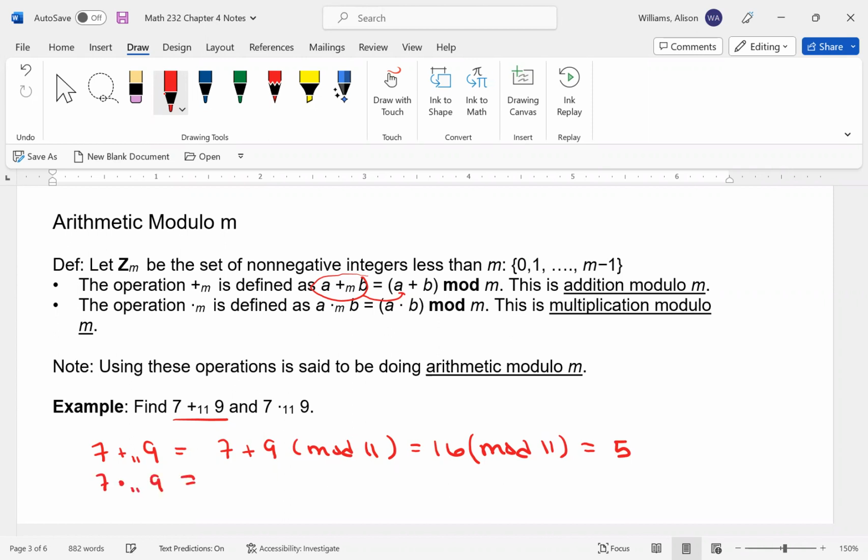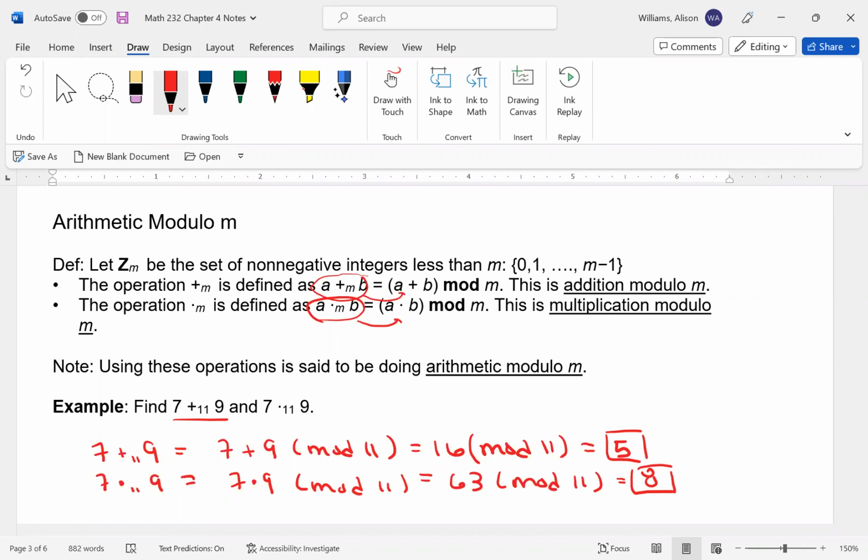According to the thing above, we're going to multiply them. So 7 times 9 mod 11, which comes out to 63. If I divide 63 by 11, 11 is going to go into 63 5 times, which is 55. And when I subtract 55 from 63, that gives me 8. So there you go. Those are the answers. 5 for the addition, 8 for the multiplication.